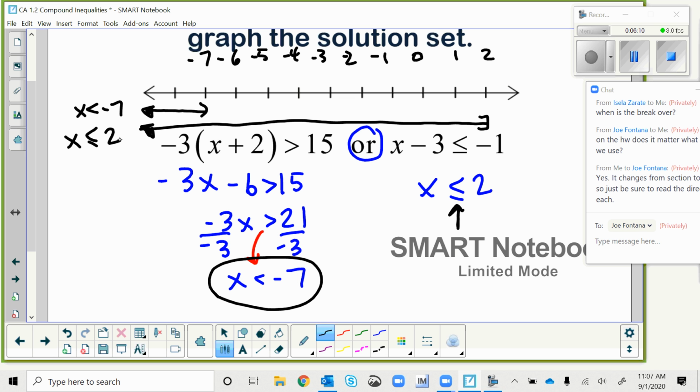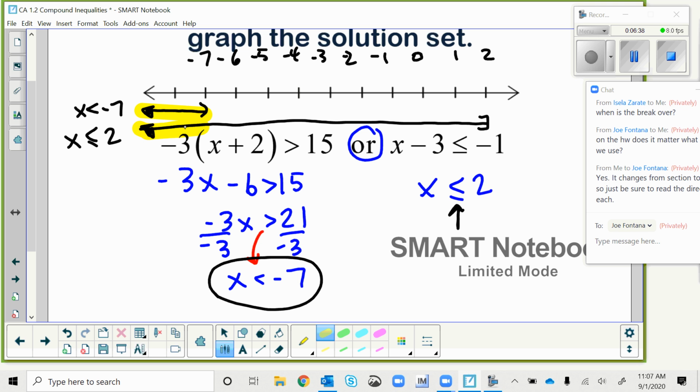What I end up putting on the number line is the union of those two things. The final answer on the number line has to represent anything that satisfies this one or that satisfies the other one. If you think about it, they overlap right here.